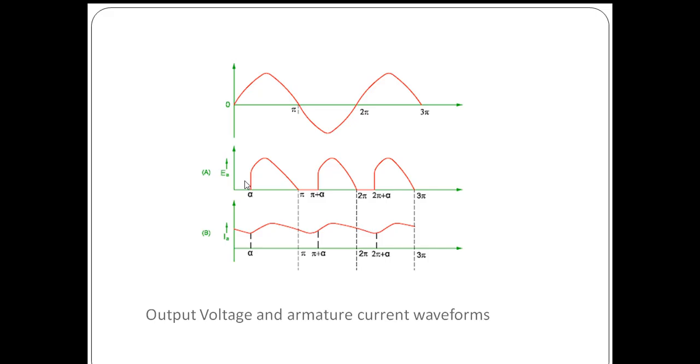These are the waveforms of output voltage and current for a speed control circuit of a separately excited DC motor by using a semi converter. So now we have discussed the speed control of a separately excited DC motor.